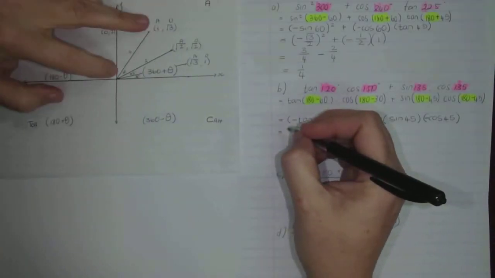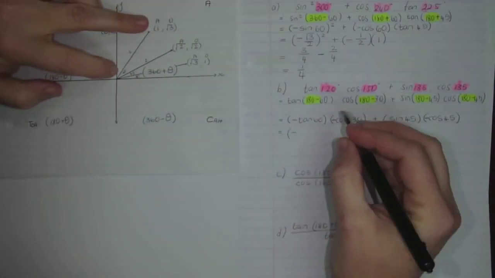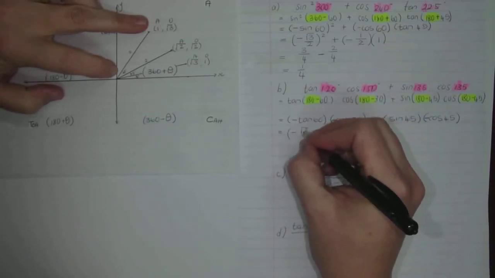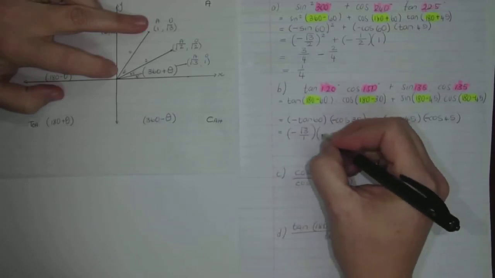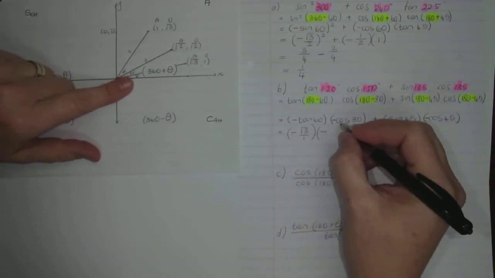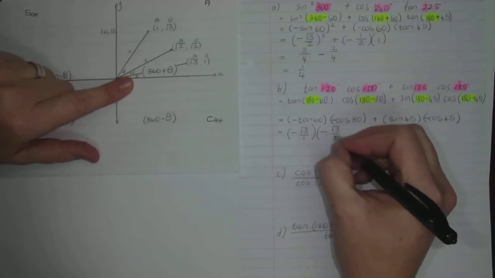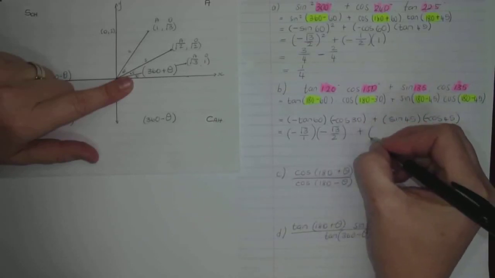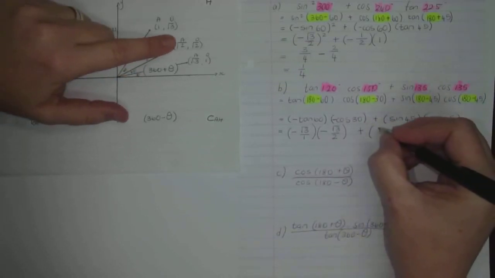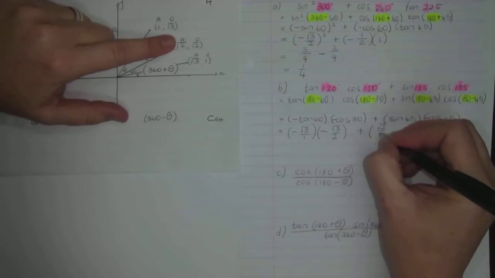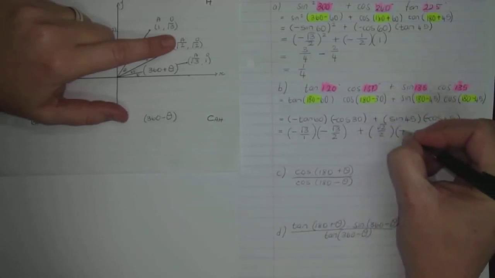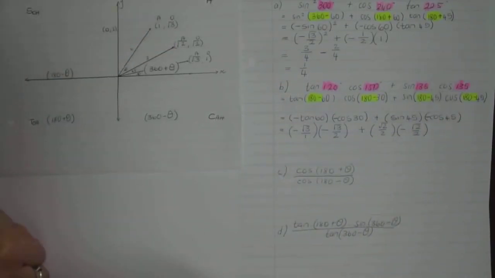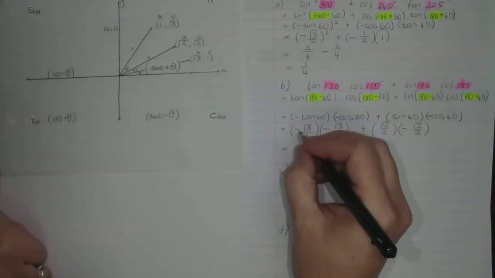So at 60, I will have minus O over A, so it's square root 3 over 1, times minus, at 30, I have square root 3 over 2, plus sine 45 is square root 2 over 2, times minus square root 2 over 2, because A over H. Okay, negative and negative is a plus.